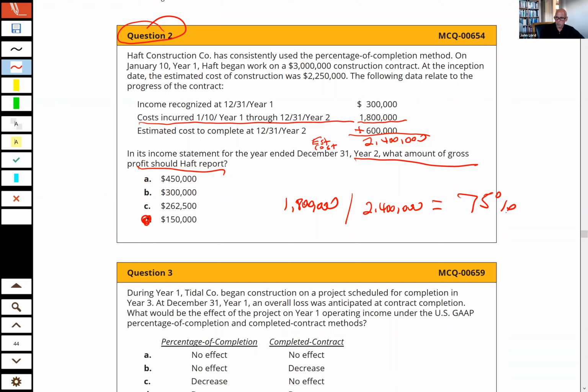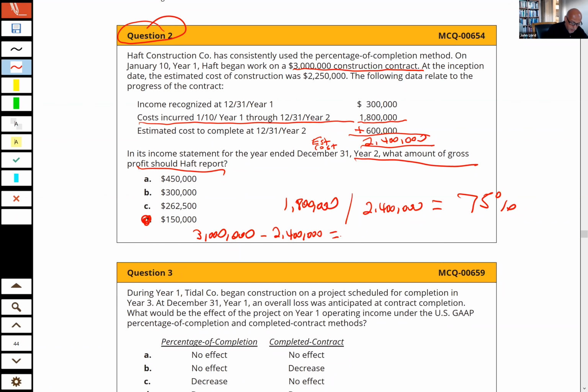Question? Okay. Once we have that 75%, we're starting to feel pretty good about ourselves. They tell us the price of the contract is $3 million, and the total estimated cost is 2,400,000.